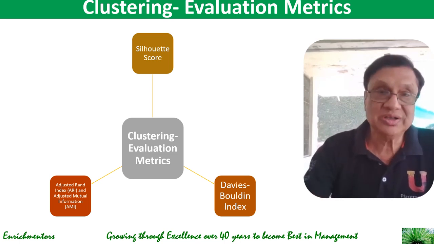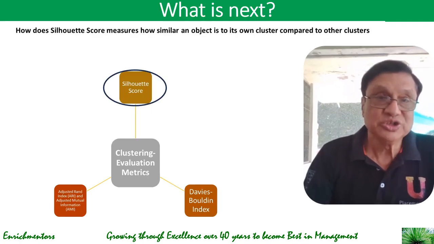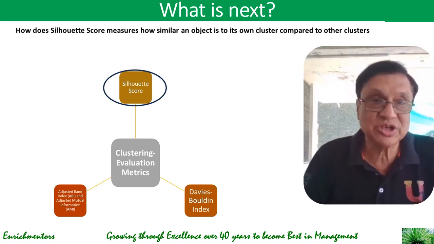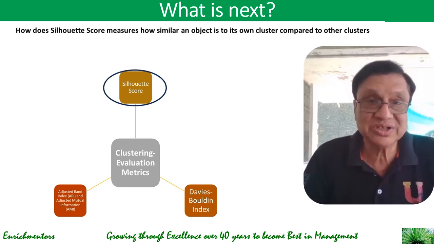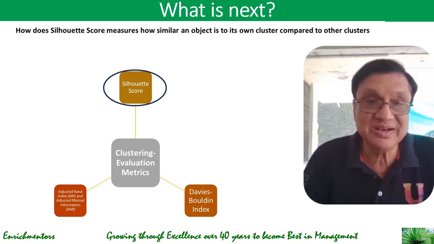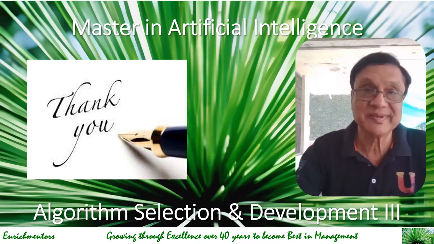So that's what some of these evaluation metrics are. What is next? We will now look at each of these in a lot more detail, starting with the Silhouette score and how it measures how similar an object is to its own cluster compared to other clusters. Then in further lectures we will talk about the other two evaluation metrics as well.